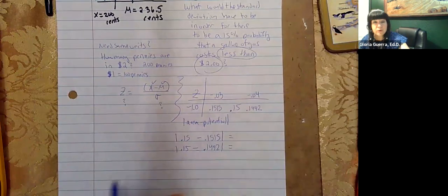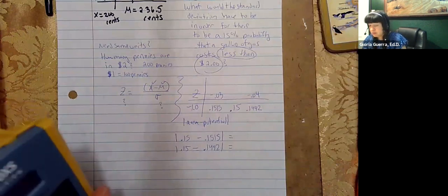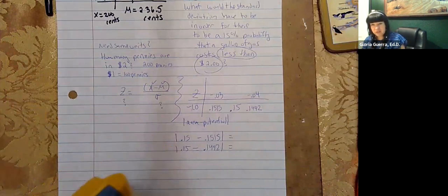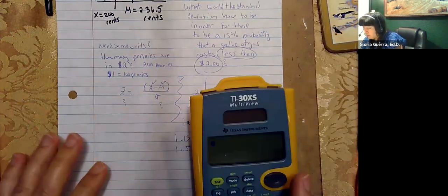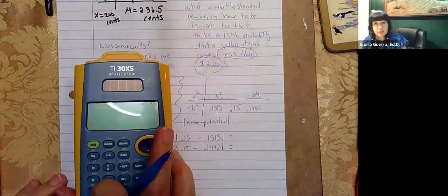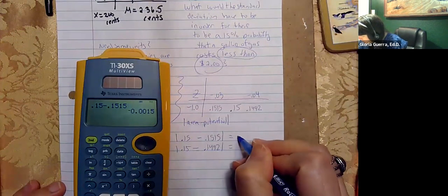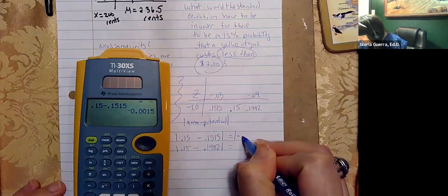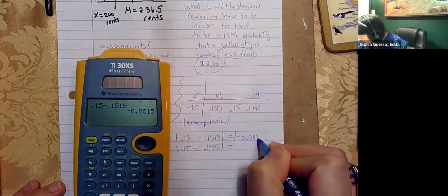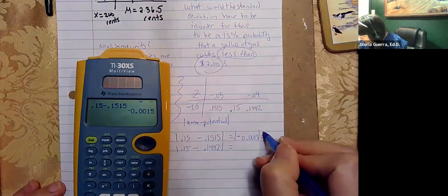Remember in the other video, I like to use a basic calculator, because the graphing calculator gives me scientific notation. So this is 0.15 minus 0.1515. You see that's negative 0.0015, which is going to be positive, sorry.